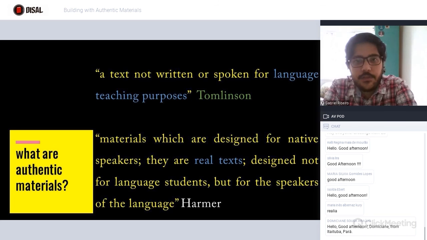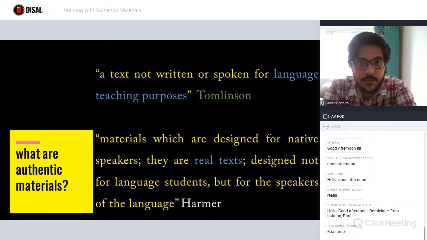Both of these definitions help us see authentic materials as examples of the language that were not created for the purpose of being examples. So if we are talking about a text that you find in a textbook that was adapted so it's better for basic or intermediate students, then it's not authentic according to these two definitions.